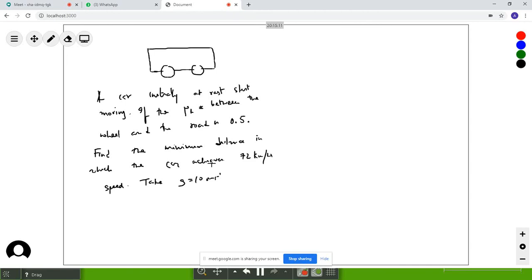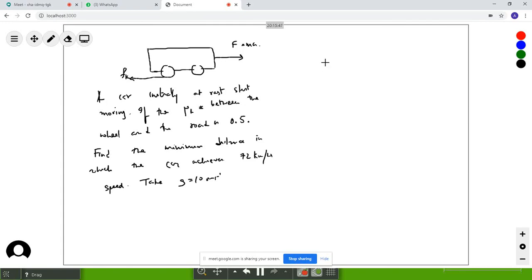So what's the mass of the car? Not being provided. Do you even need the mass? Here you have to use the free body diagram I'm giving you. This is Fk, and F equals mass into acceleration, right?